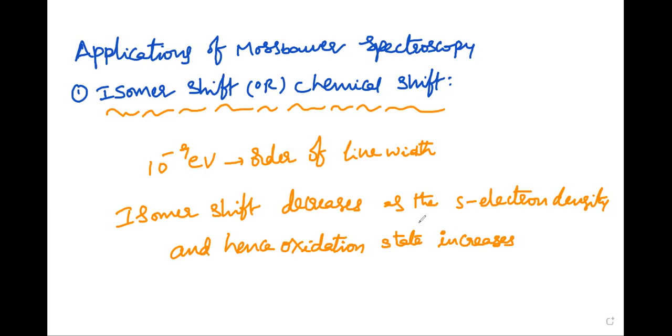For example, we can see the isomer shift for iron and tin compounds in their different states of oxidation.